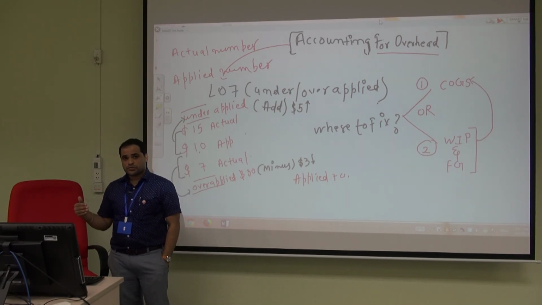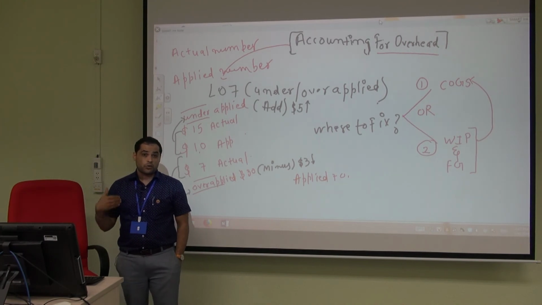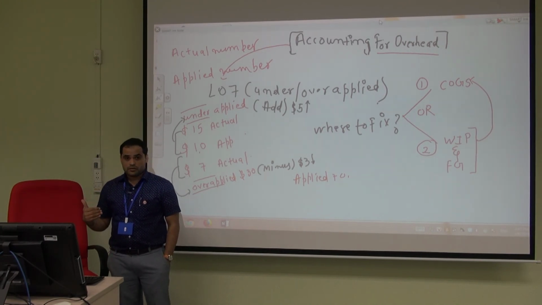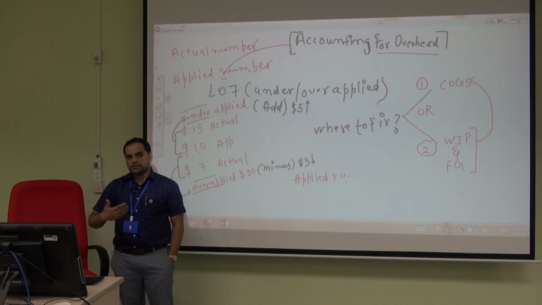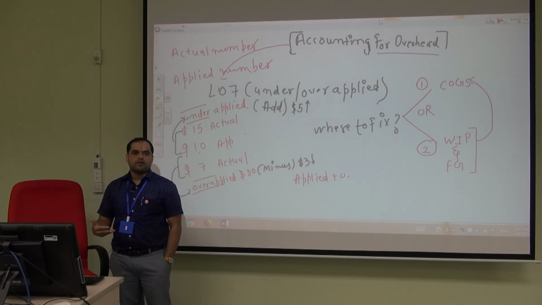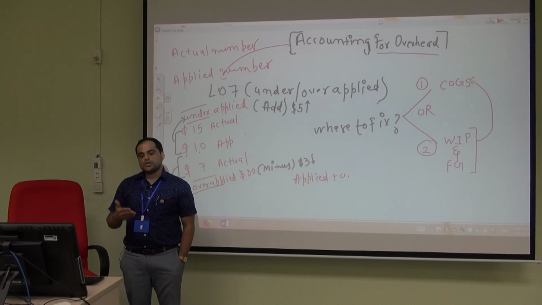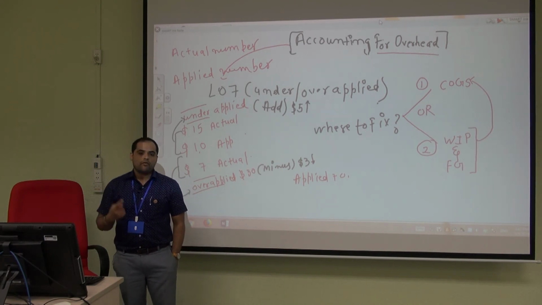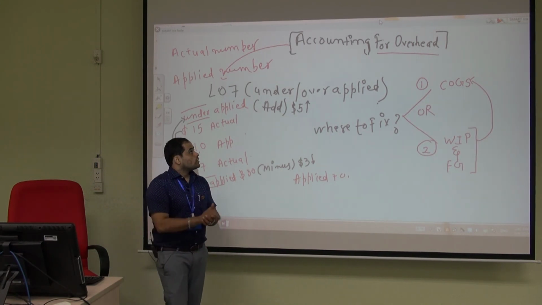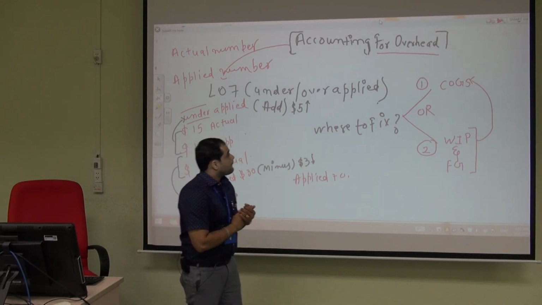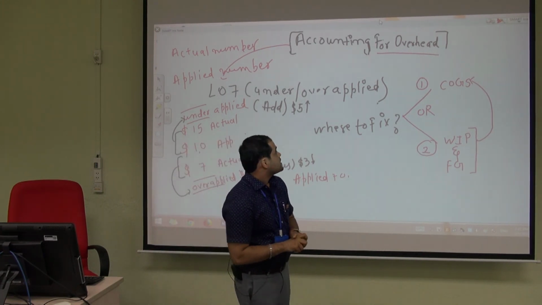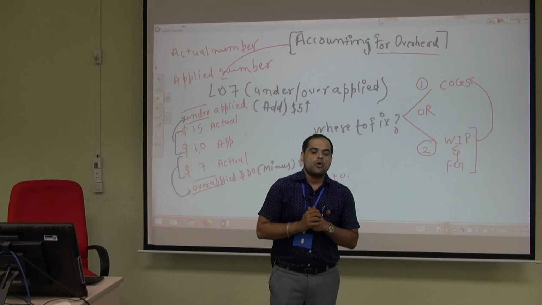For ABC, you have to find out the cost pools and cost drivers, and then depending on them you have 2, 3, 4 different predetermined overhead rates. But in traditional costing, you're going to have only one overhead rate. So that's all about topic 4, which is accounting for overheads.